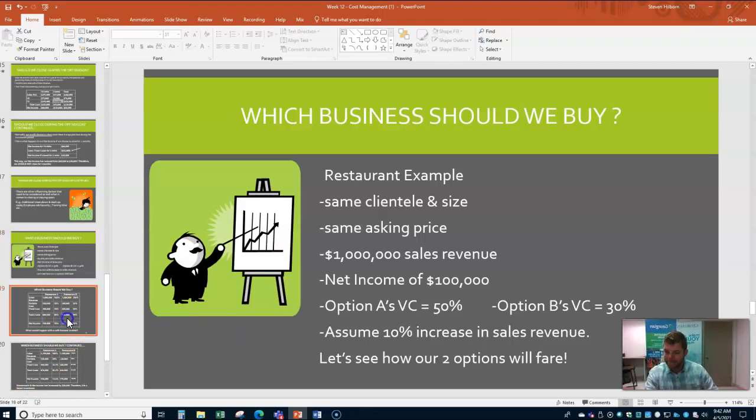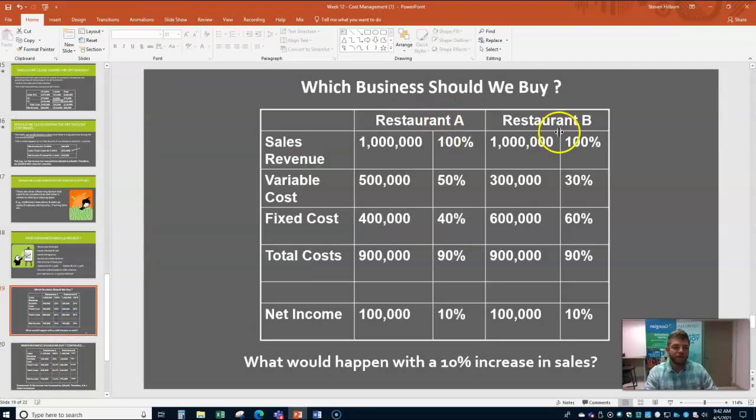Okay, so we have restaurant A and restaurant B. They both make $1 million. Their variable costs are 50% of $1 million, or $500,000, versus 30% of $1 million, or $300,000. Fixed cost is 40% at $400,000 versus 60% at $600,000. Each of these totals $900,000 of cost split between the variable and fixed.